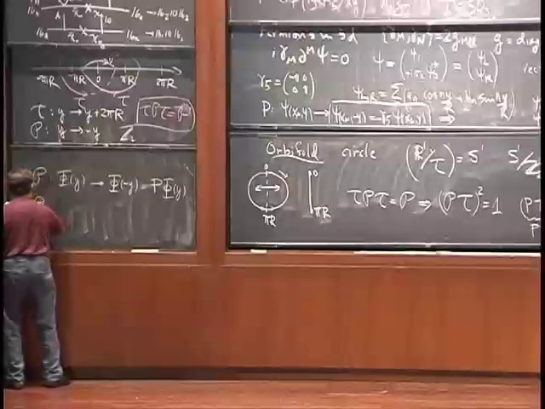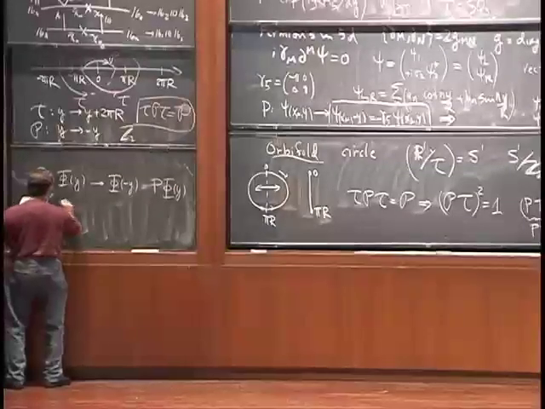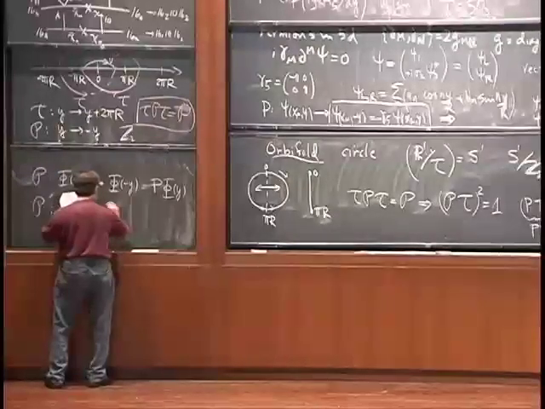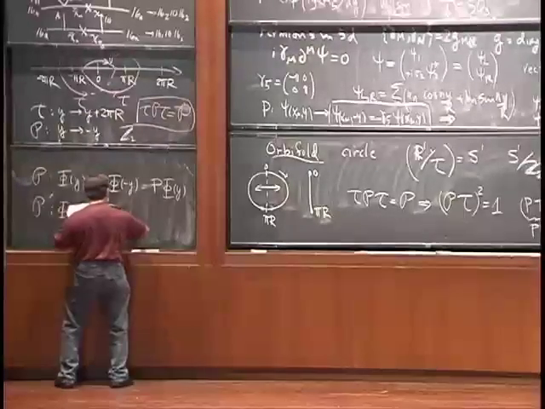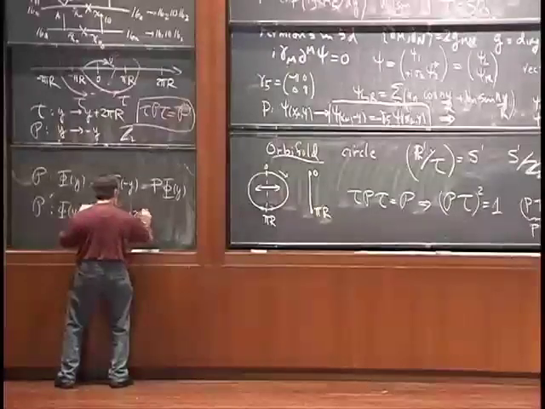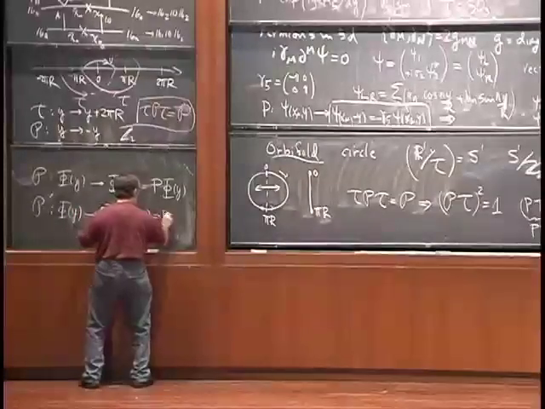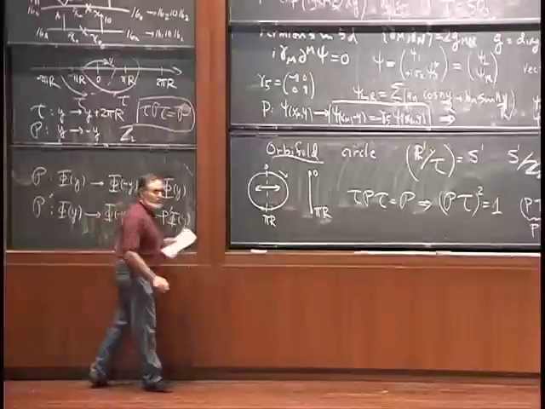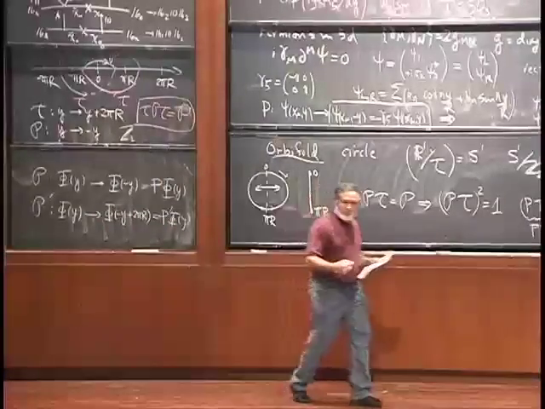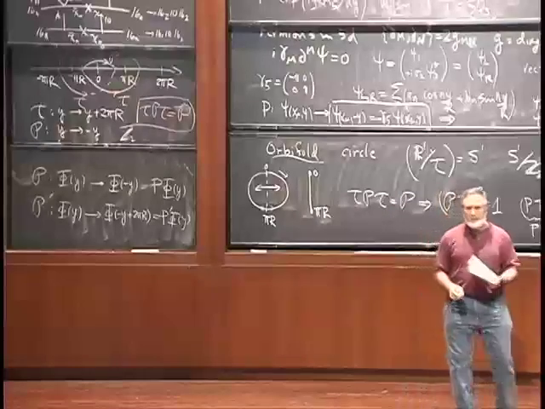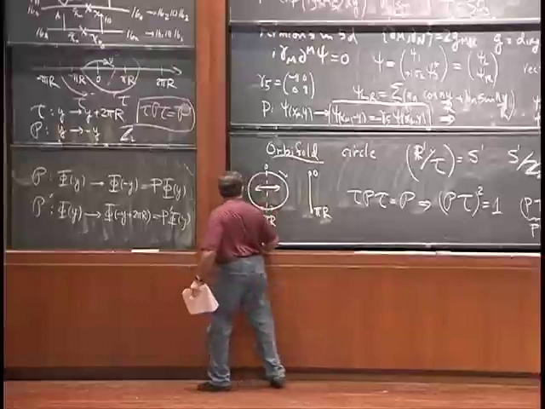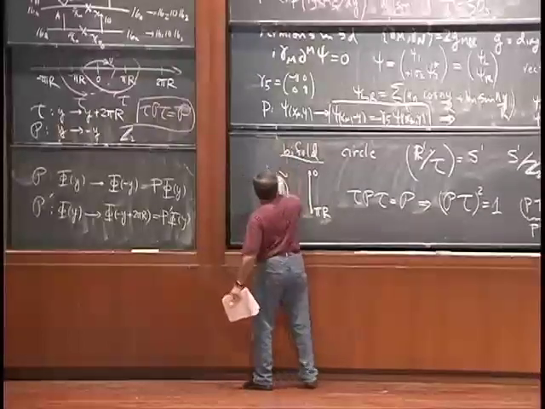And then we'll have P prime on phi of y take us into phi of minus y plus 2 pi R, which will be equal to a parity p prime times phi of y. So we have these two possibilities: a parity operation around the point 0 or a parity operation around the point pi R. If we do that, then our mode expansion looks like the following.